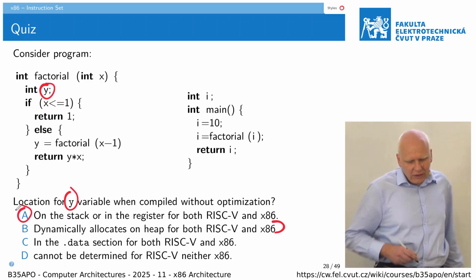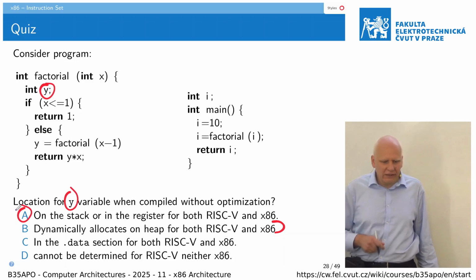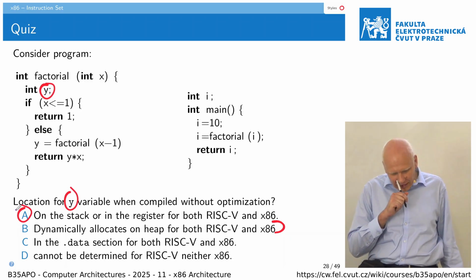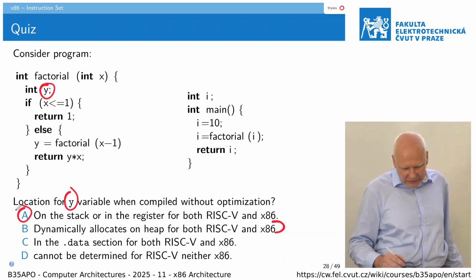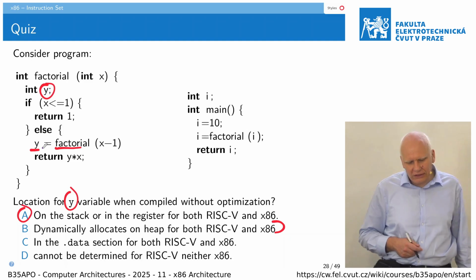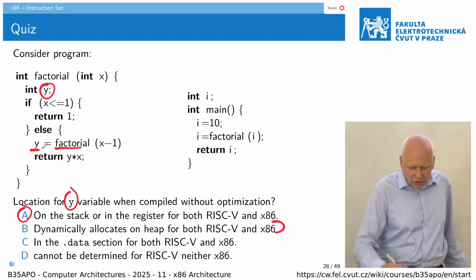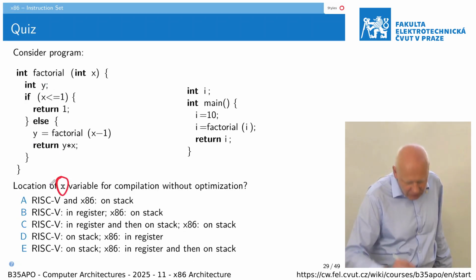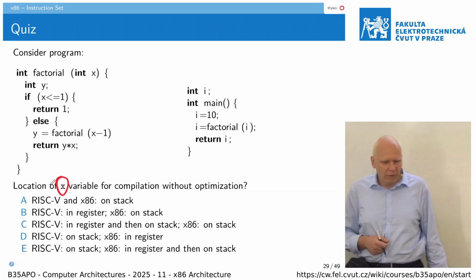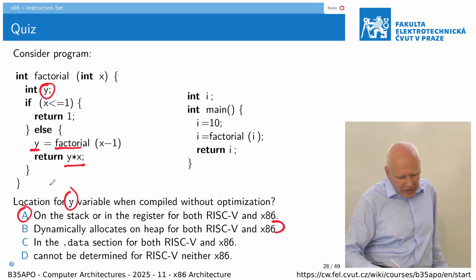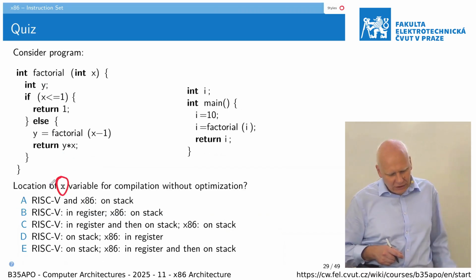On Intel, it is more probable that it will be on the stack. In the case of RISC-V, it could probably be kept only in registers, because you use it only there. A bigger problem is with the x variable. What is the problem with the x variable? That we use it in multiple places. So y, even on Intel, can be only in a register.